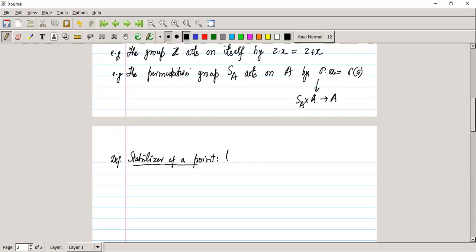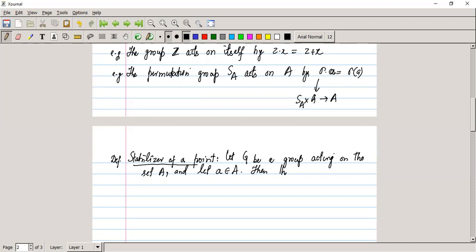So let G be a group acting on the set A, and let a be a point in A. Then we define the stabilizer of a.